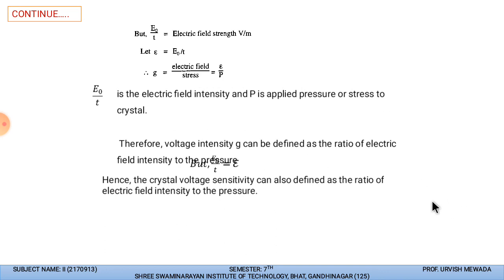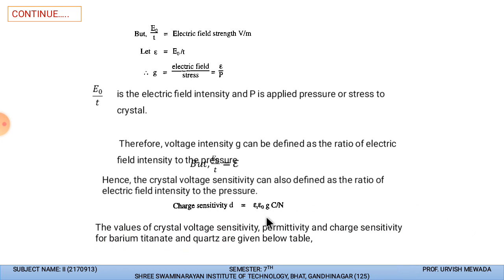Hence the crystal voltage sensitivity can be defined as the ratio of the electric field intensity to the pressure. And the charge sensitivity d is equal to epsilon 0 epsilon r g, in coulomb per Newton. That's the unit. The values of the crystal voltage sensitivity, permittivity and charge sensitivity for barium titanate and quartz are given in the table below.